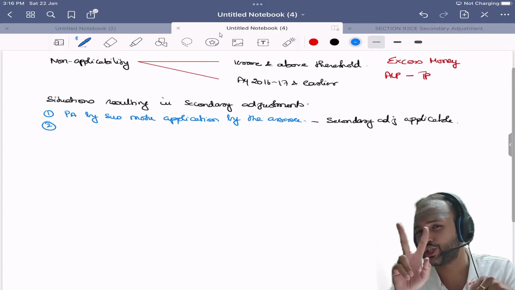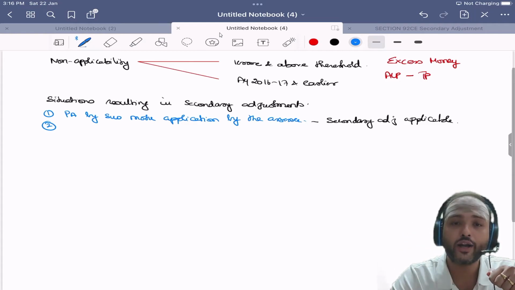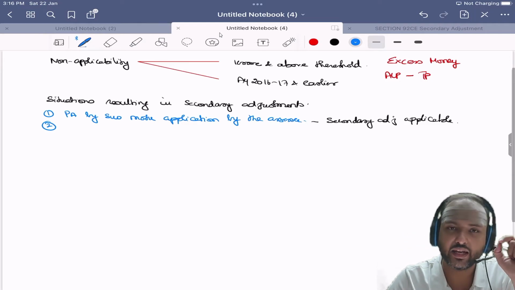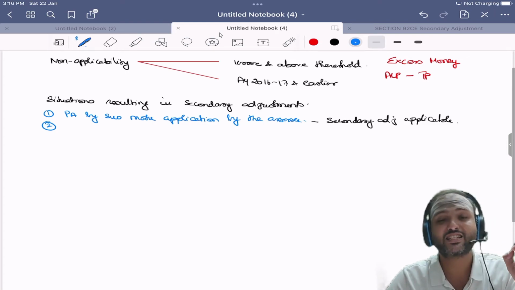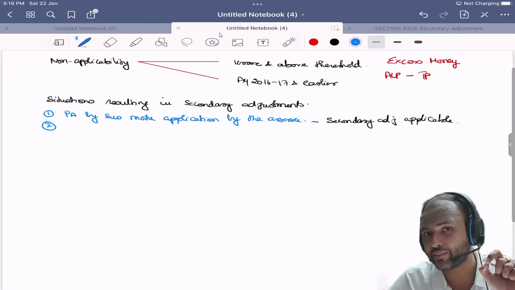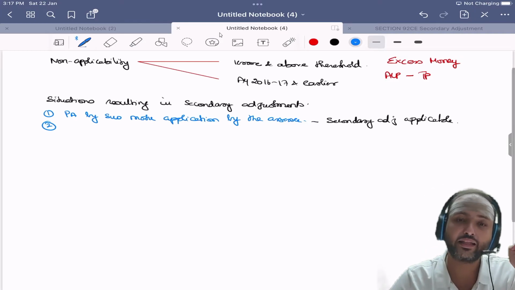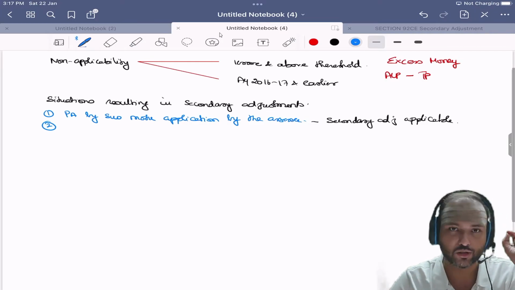So there are two issues that we have discussed here. Assessment order will result in primary adjustment if the assessment order is accepted by the assessee. Then this primary adjustment will convert into secondary adjustment also.